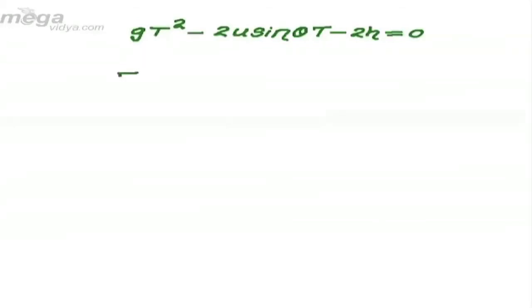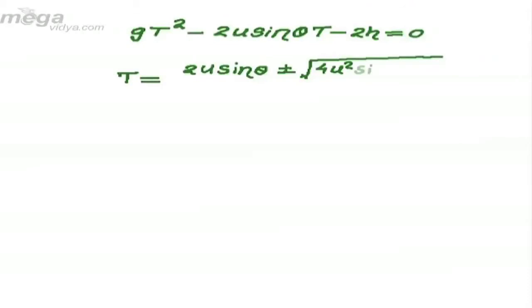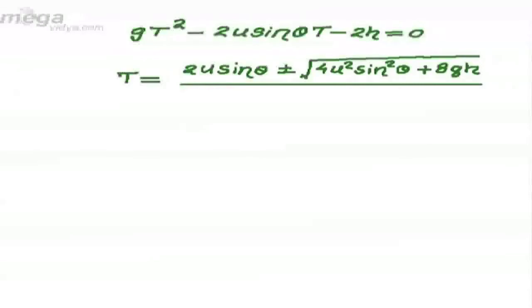The solution can be written as twice u sin theta plus or minus under root of 4 u square sin square theta plus 8 g h, divided by twice g.